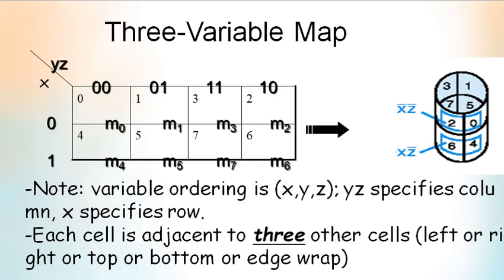Okay. And like the 2 variable Kmap, put ones to represent the presence of minterms in the Boolean expression. After that, we have to group the ones using the Kmap criteria. That means we can group 1, 2, 4, 8, etc., 2 raised to n cells.